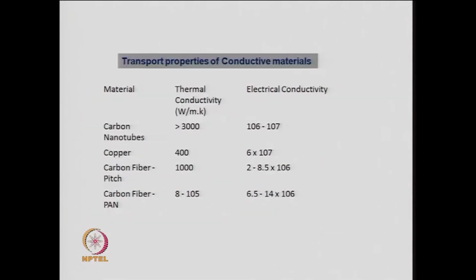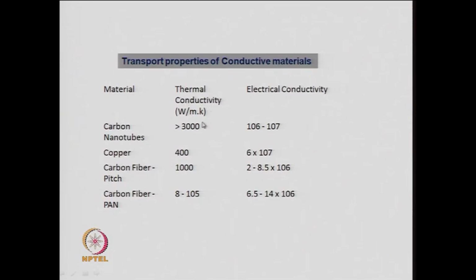Now, if we compare the electronic conductivity and thermal conductivity with other materials, together we can call them transport properties, because we are talking of either the movement of electrons or charged particles, or the movement of what are called phonons in thermal conductivity.